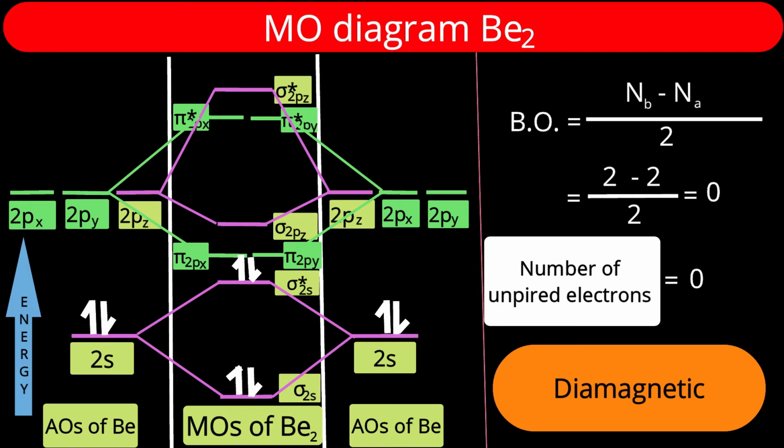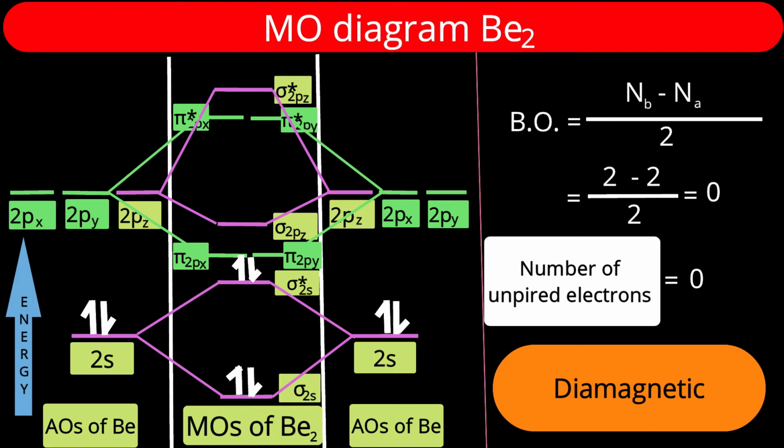So two atomic orbitals will combine to produce two molecular orbitals, one bonding, one antibonding. The bonding molecular orbital we label pi 2px, and the antibonding orbital we label pi star 2px. The energy by which the bonding orbital decreases, that much energy increases for the antibonding orbital. Here we find a symmetric energy level arrangement.